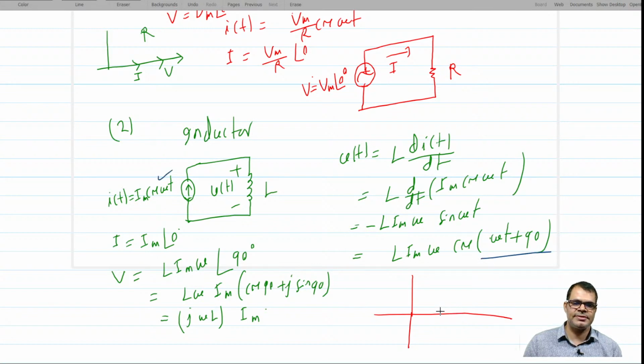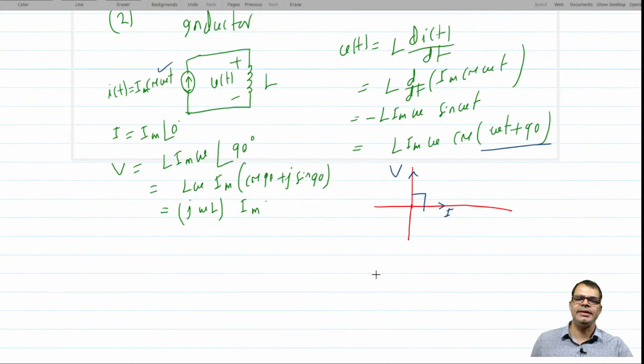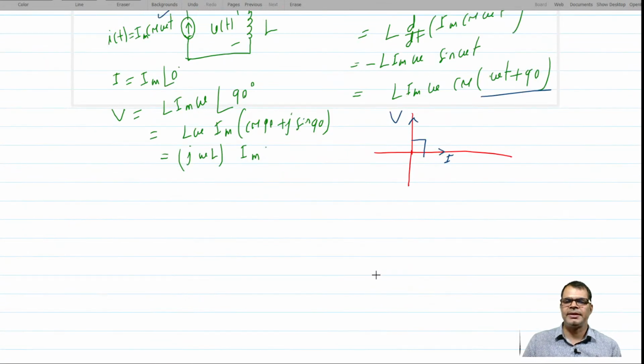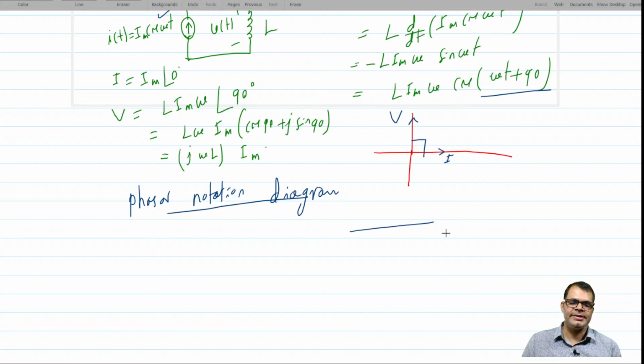If this is your current I, voltage is 90 degrees ahead. That means in a pure inductor, voltage leads current by 90 degrees. So the phasor notation diagram, I can write like this.